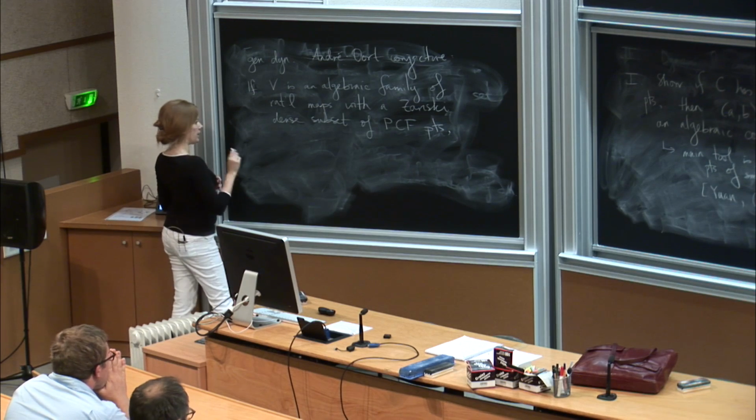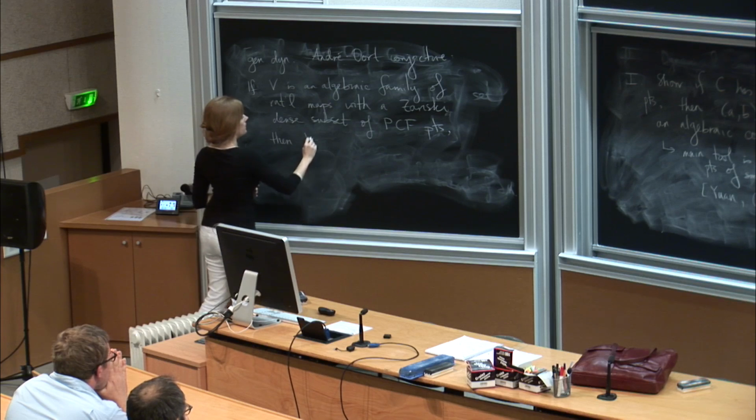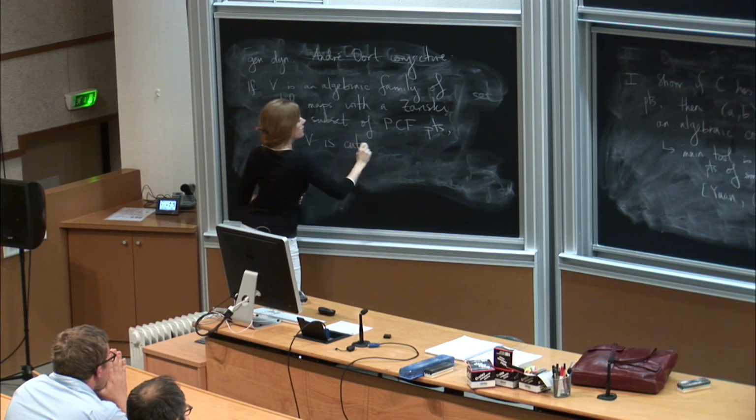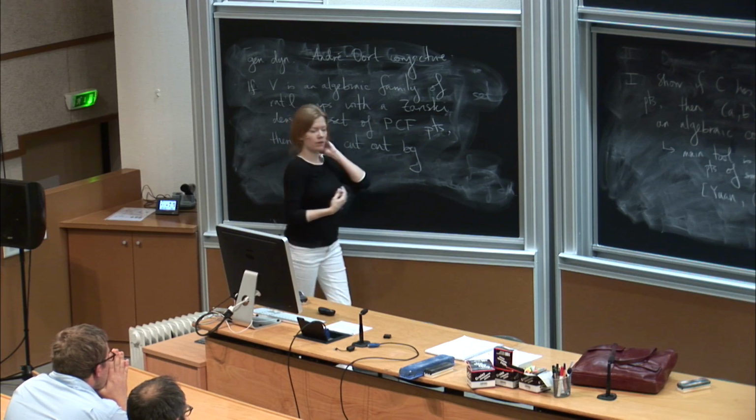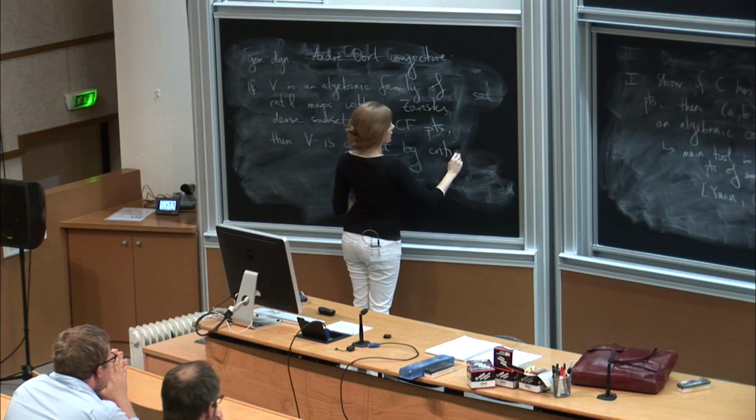So it should be something like, then V is cut out by forcing some relation on the critical points. Okay? So by critical orbit relations.